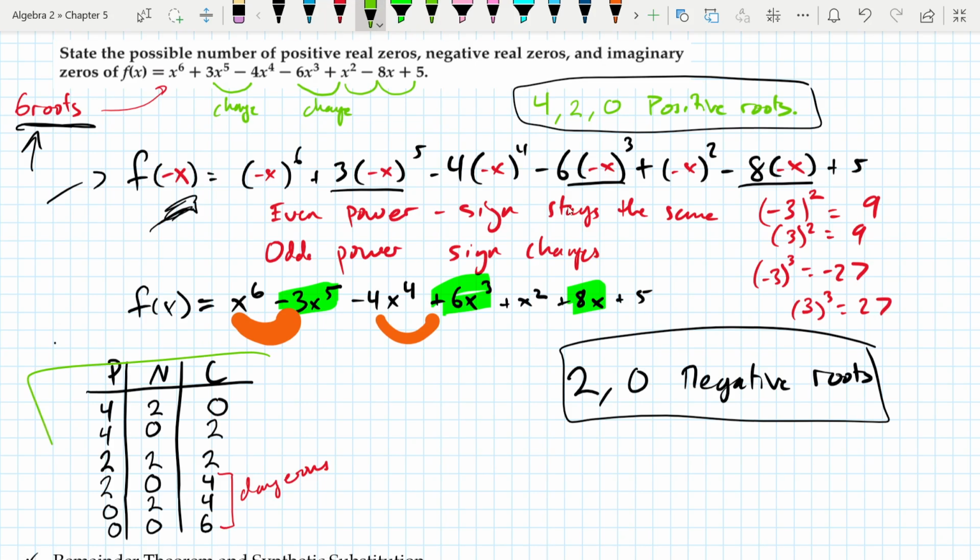This is a map of potential roots. I think potential just has one T in it there. Potential roots. We know how they're going to be paired up. All right, we're going to use this later in our planning.